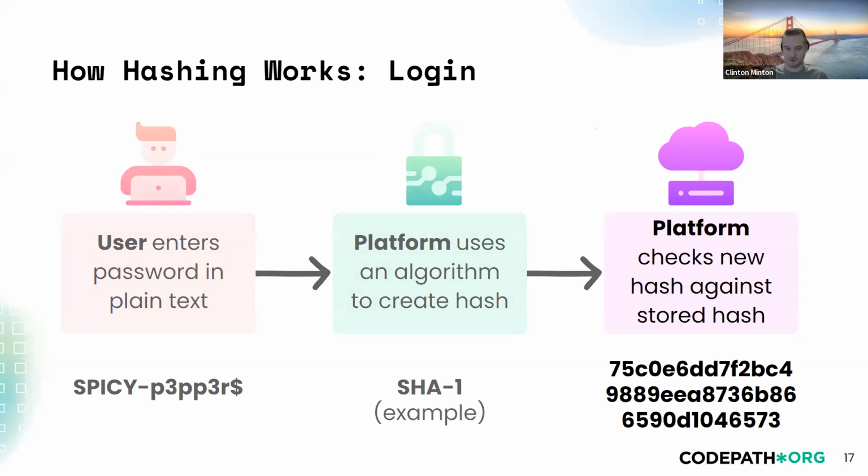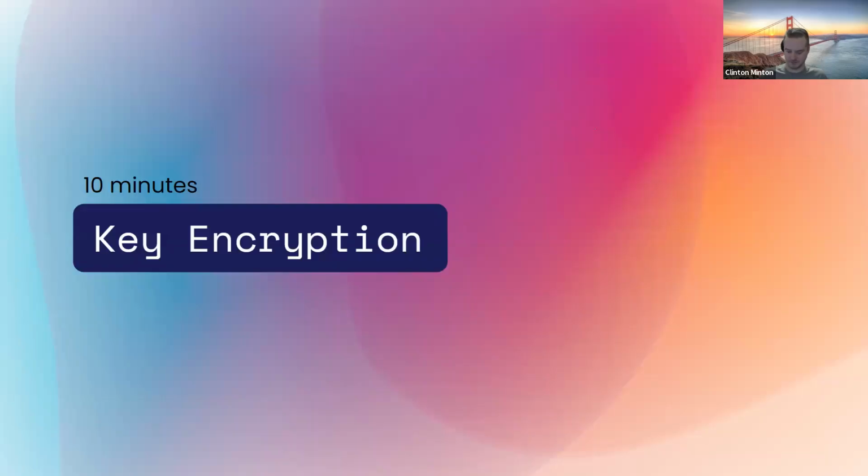That way you never transmit the plain password. Then the platform would check it in their database or wherever they're storing the password. Oh, the hash matches, all right, log them in, they're good. If it doesn't match, just say user not found or something generic. So that's kind of how that would work in a login system.